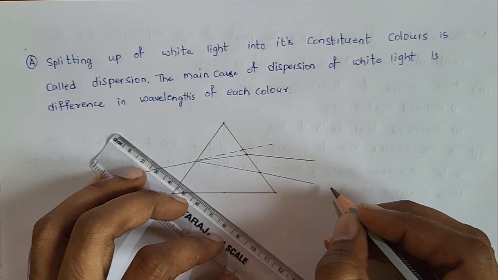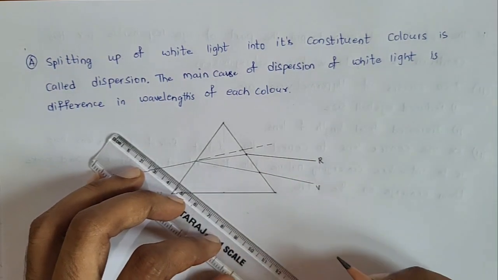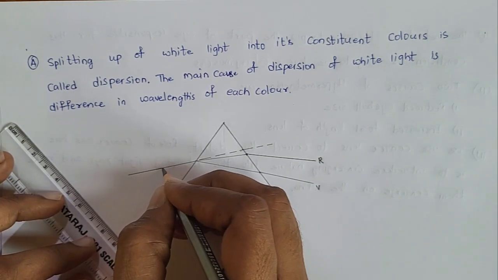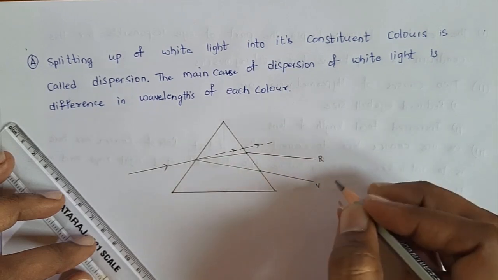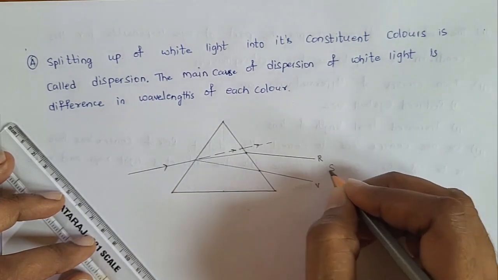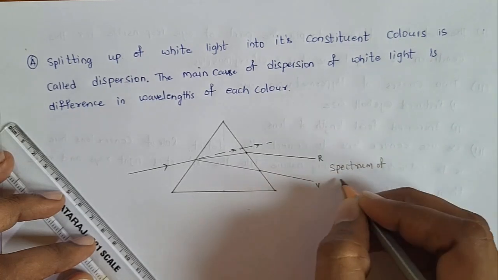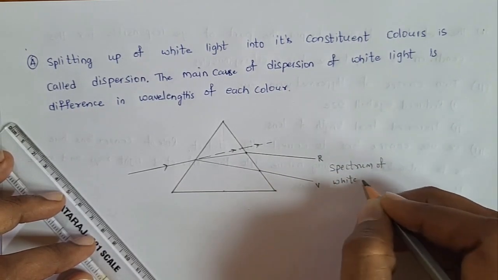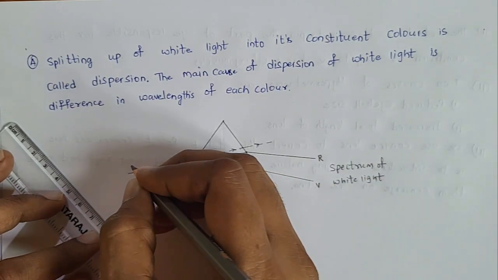So this is going to be the violet color, this is going to be the red color. These arrow marks will be very important. Name this one as spectrum of white light, and this as beam of white light.